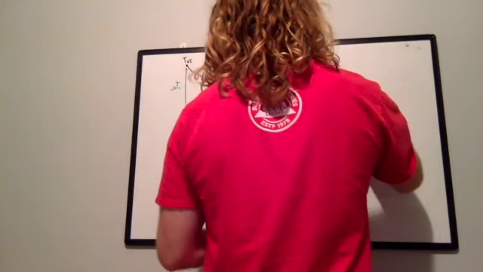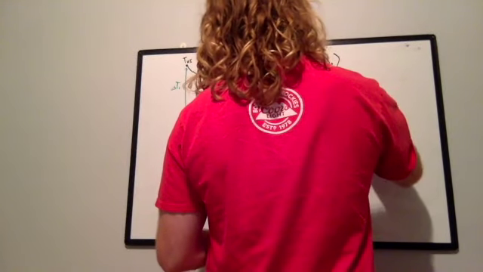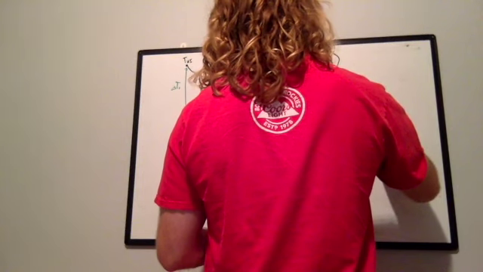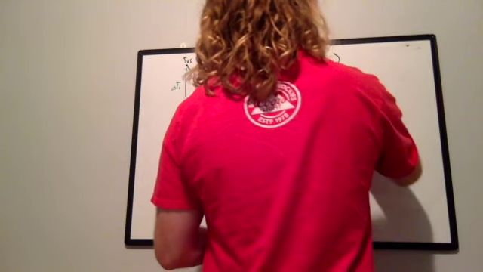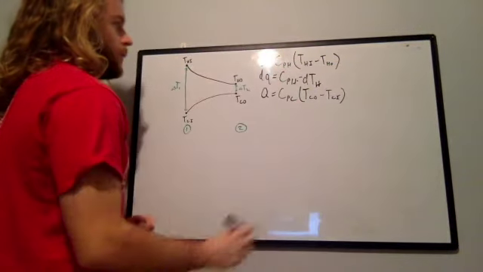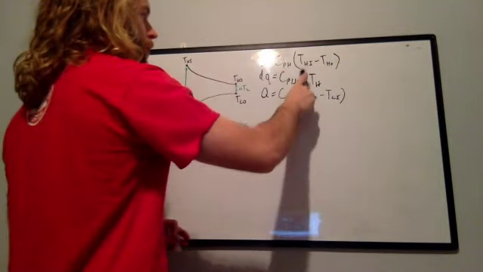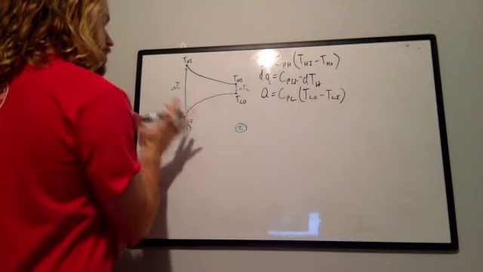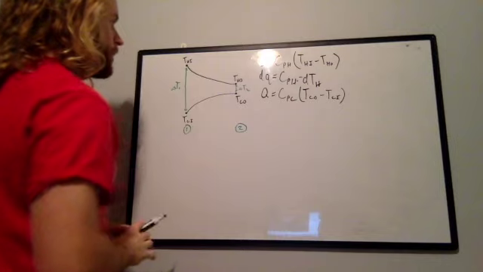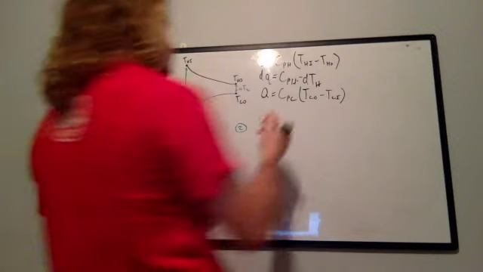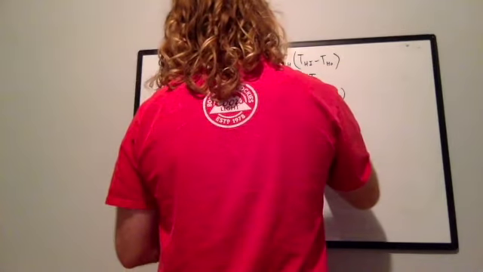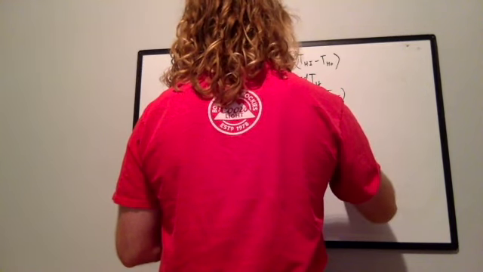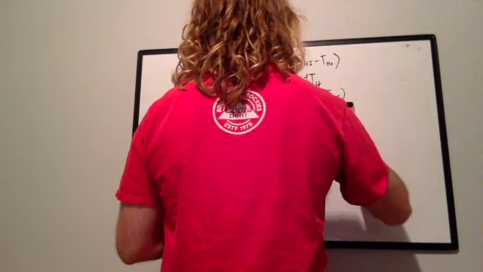So this will be TCO minus TCI. And then again, we'll take the derivative of this, and this will become a positive over here, since we know that the change in temperature is always going to be increasing because the cold channel is going to be gaining heat. So dQ will be equal to CPC times dTC.